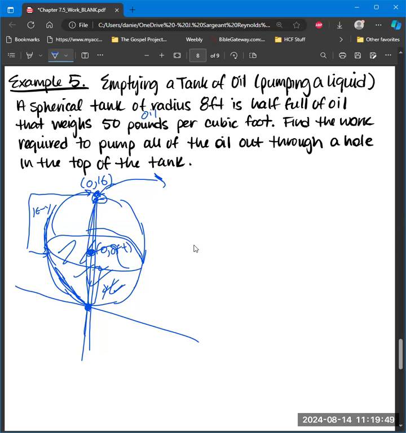So we'll take slices here, infinitesimal slices of delta y, and the weight of each of those slices is going to be the volume times the 50 pounds per cubic foot.